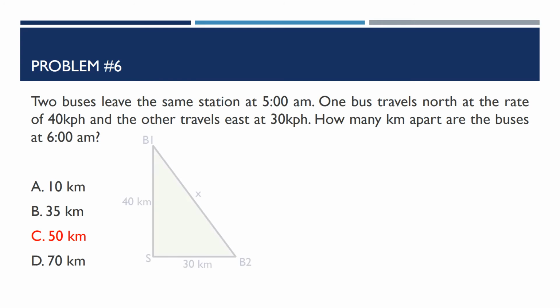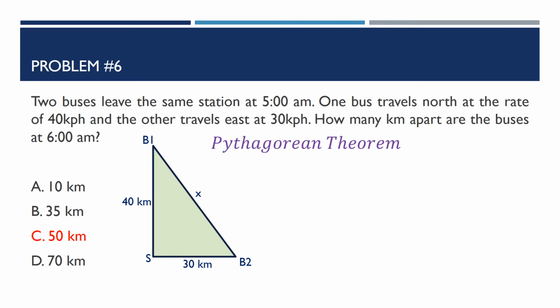Let's transfer this figure, the triangle, to the left to have more space for the solution. So let us use the Pythagorean theorem. It says that a squared plus b squared, or the sum of the squares of the two legs, equals the square of the hypotenuse, c squared.